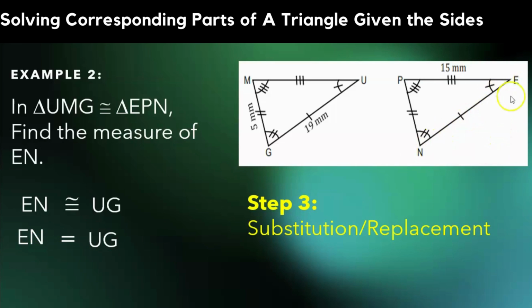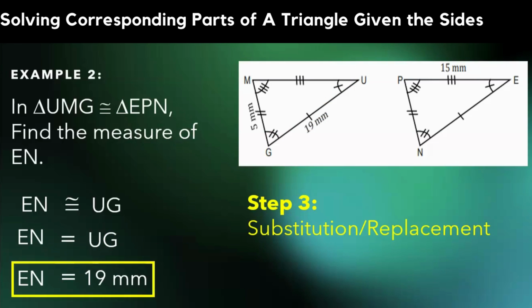Ang EN po ay wala pang measure, so kokopyahin lang po natin yung EN equal UG. Hanapin si UG. Ang measure ng UG ay 19 mm. Kaya si UG, papalitan po natin ng 19 mm. Ibig sabihin, ang measure po ng EN ay 19 mm.